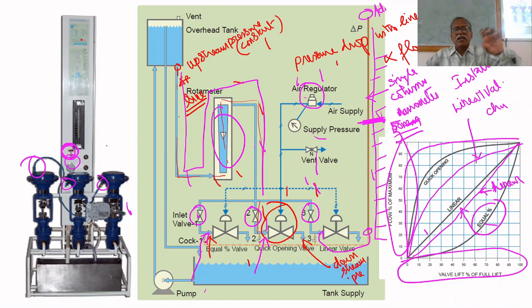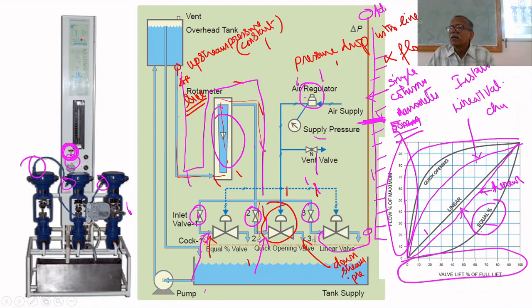By adjusting that regulator, you can adjust the air pressure, 3 to 15 psi, assume. But it may be higher than 15 psi because the valve may require more than 15 psi. So by adjusting this air regulator, you can adjust the air supply so that the flow rate is 400. For that, note down the pressure drop across the valve in terms of water column.